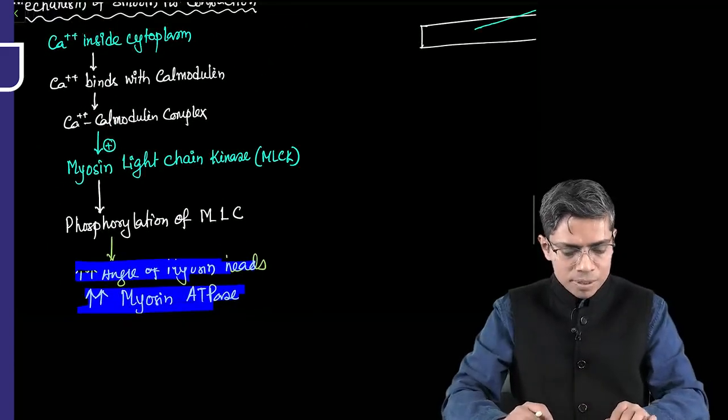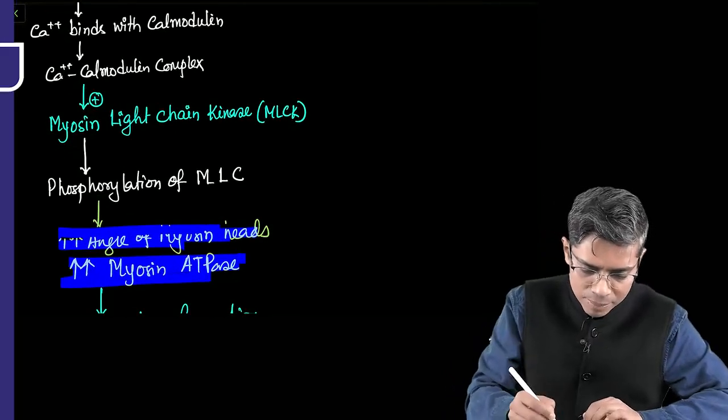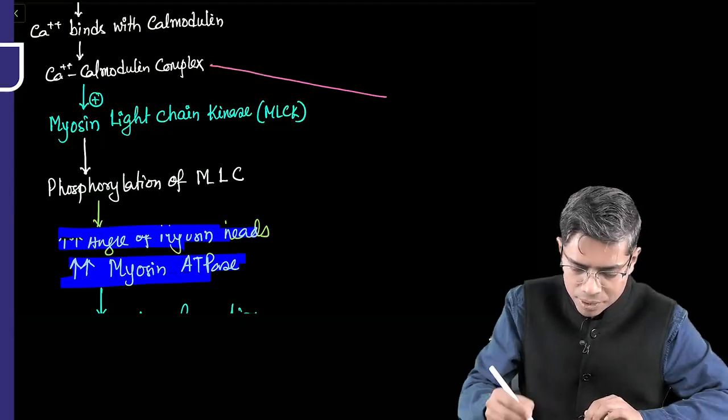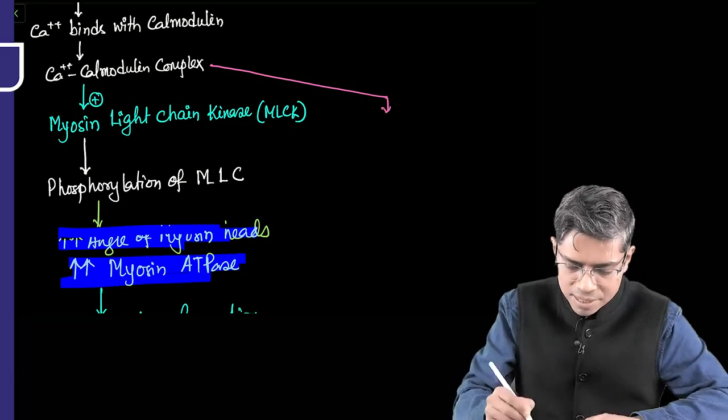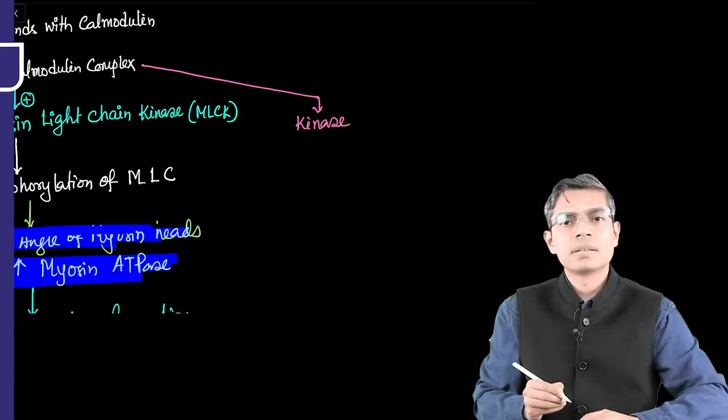Okay, I have to prevent that inhibition also. So whenever there is formation of calcium calmodulin complex, this complex also activates various other kinases, right?